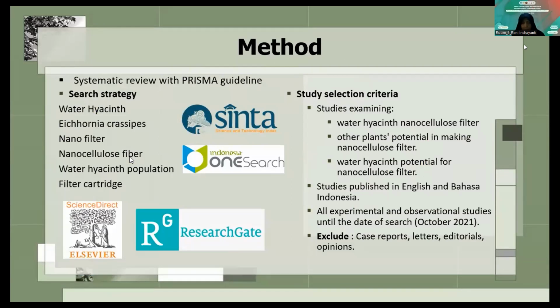We narrowed down the list of studies by selecting studies that examine water hyacinth nanocellulose filter, other plants' potential in making nanocellulose filter, water hyacinth potential for nanocellulose filter, studies published in English and Bahasa Indonesia, all experimental and observational studies until the date of search, October 2021, and we excluded case reports, letters, editorials, and opinions.